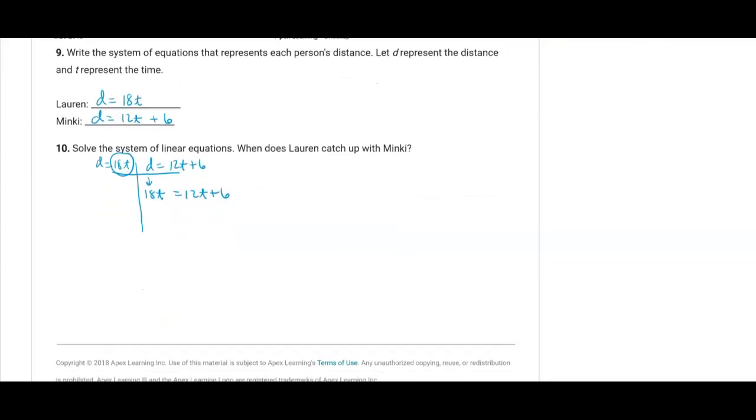Now, from there, I'm going to subtract 12T. I'm going to get 6T equals 6. And if I divide by 6, T would equal 1.